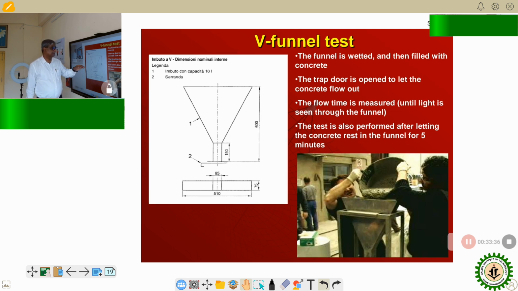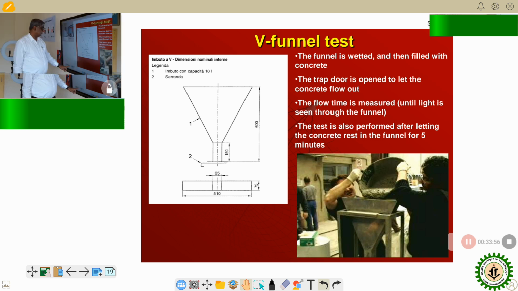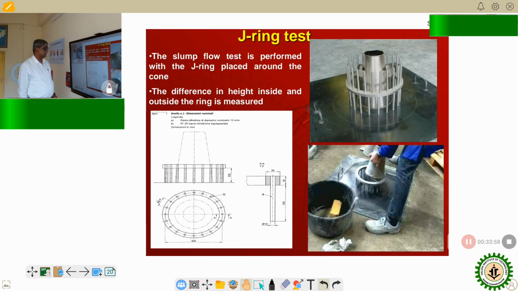What will happen? All this concrete will come down and it will be collected in a container. Now, how much time does it take to become empty? That is very important. That's how the V funnel test is defined.